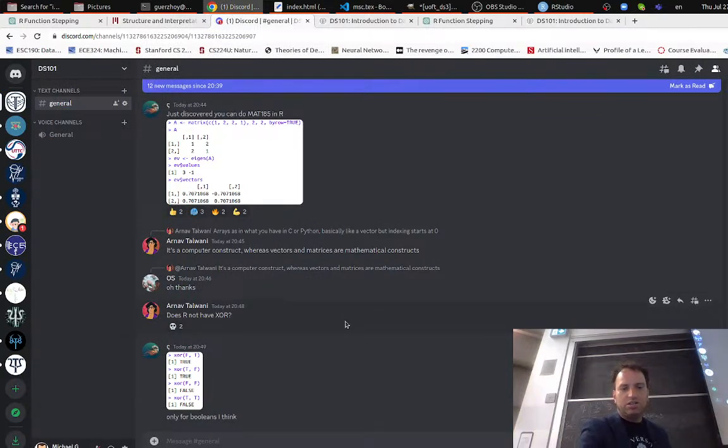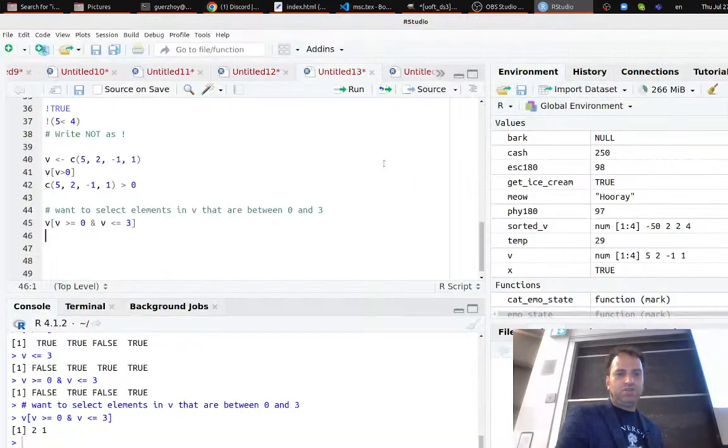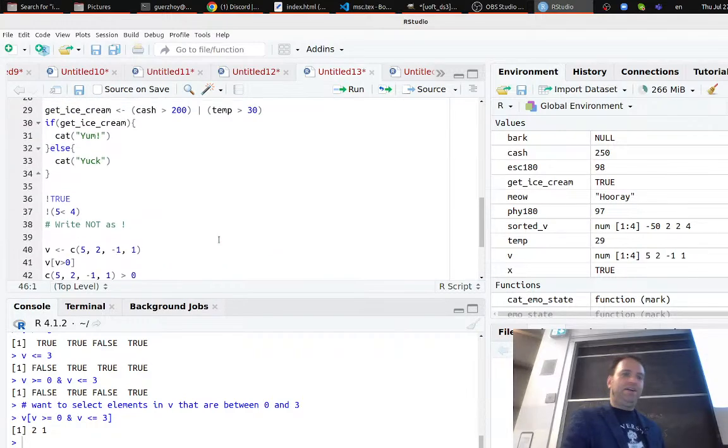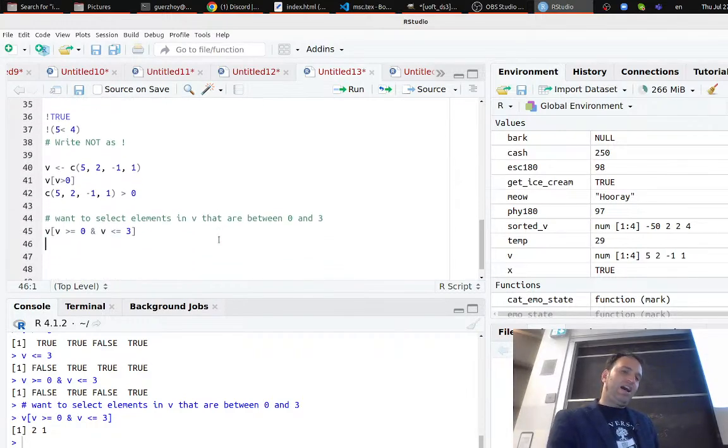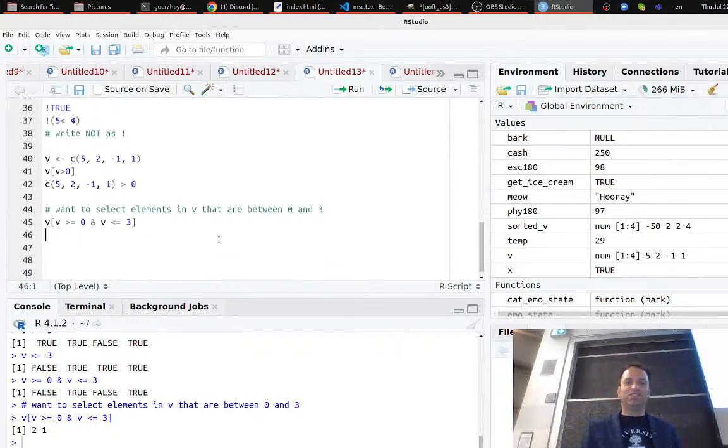Does R not have XOR? The thing about XOR, and people answered, is that XOR would be the exclusive OR. I'll spoil this, and I'll ask you again to see if you remember in ESC 180. The thing people don't realize is that XOR is actually the same as not equal.